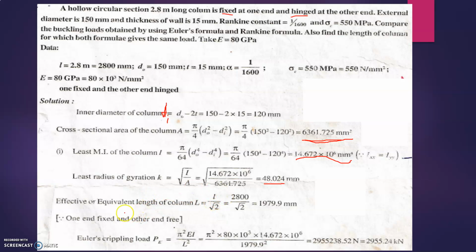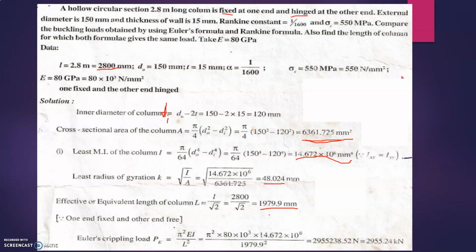In that, the L effective for one end fixed and other end hinged is L divided by root 2. What is L? L is equal to 2800 mm divided by root 2. So you get effective length is equal to 1979.9 mm. This is effective length.